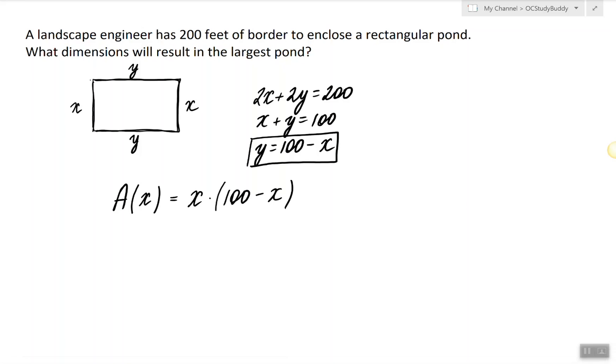So basically, once we choose the width under this constraint that we have only 200 feet of border to enclose, the area function is this.